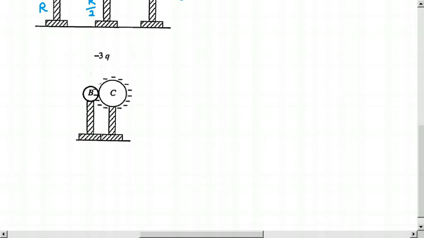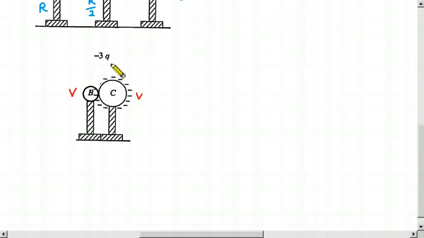So now the charge distributes between these two until the potentials are equal. So the voltage here is V, and here also V. Until the voltages are equal, the charges flow from this one to this one.